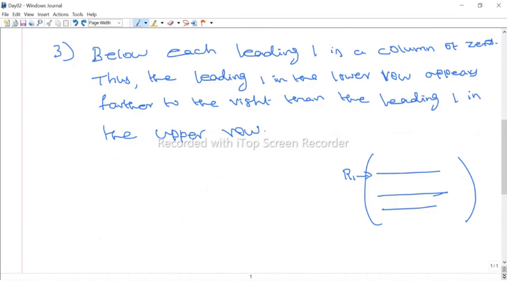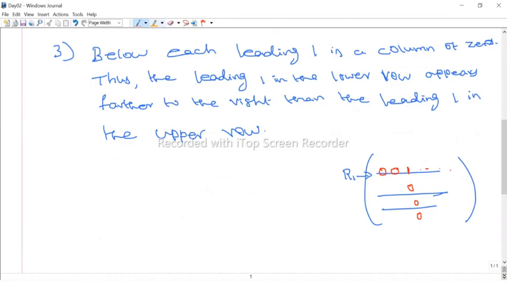Therefore the previous elements should be 0. This is a leading one, and once you find the leading ones, the corresponding column entries below are 0.